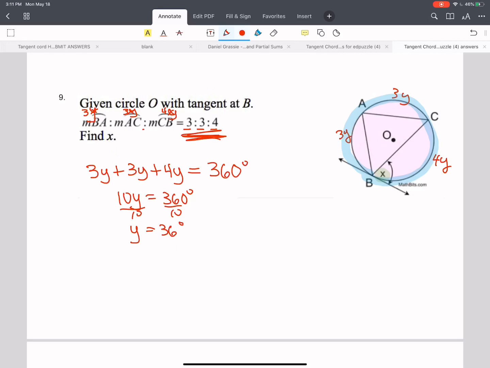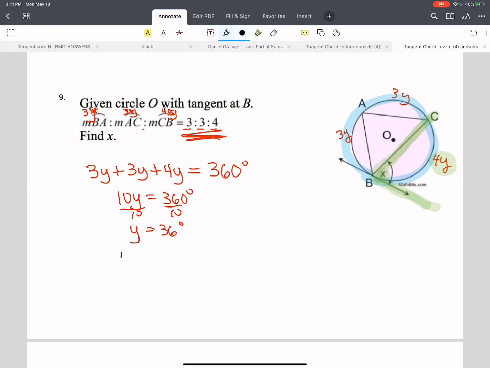Okay, and it's good that I know that I can label them all, but really, the only one I'm really interested in at the end is this one right here, because when I take half of it, I will get that angle I want because of the tangent chord theorem. So I need to know what 4y is, and I'm going to use one of my favorite colors.